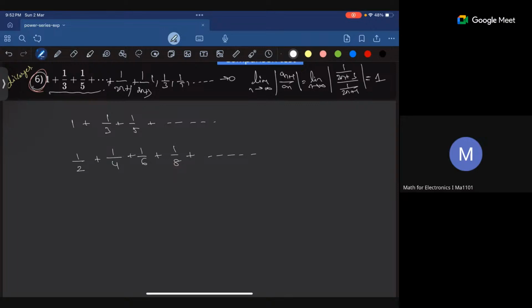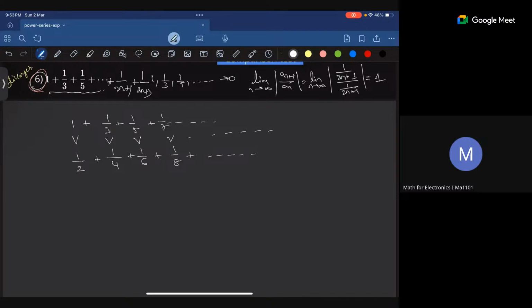How can I compare it with that? If you see each term, 1 is greater than 1/2, 1/3 is greater than 1/4, 1/5 is greater than 1/6, 1/7 will be greater than 1/8.